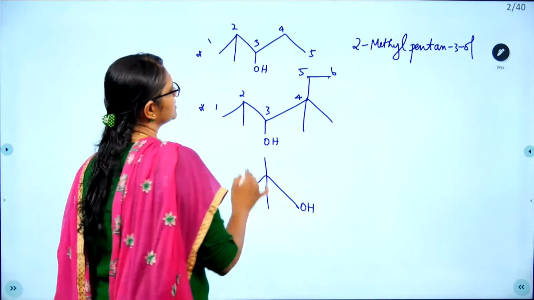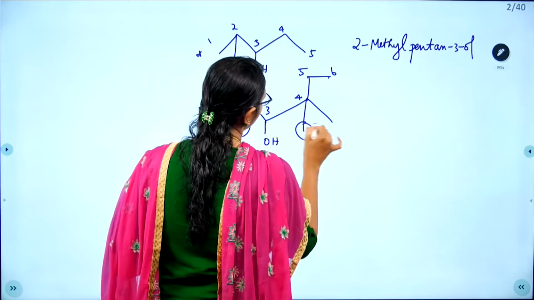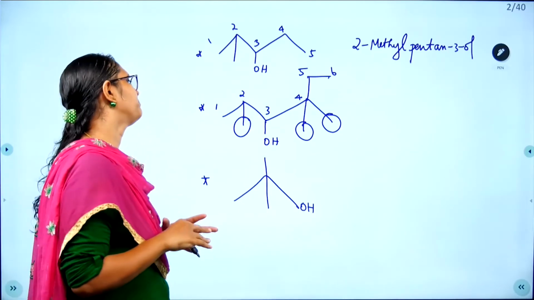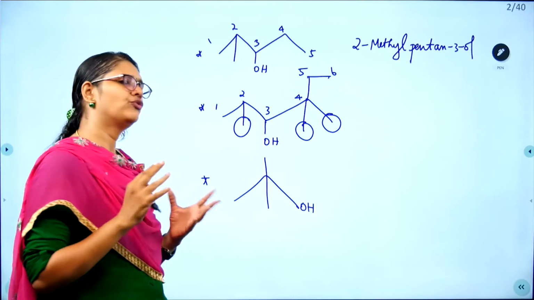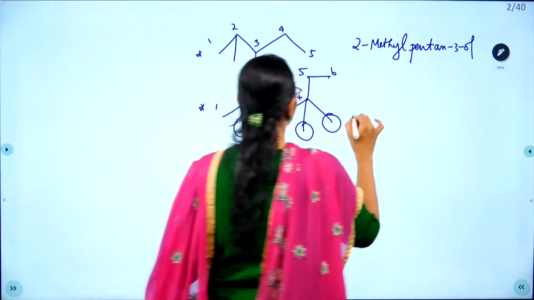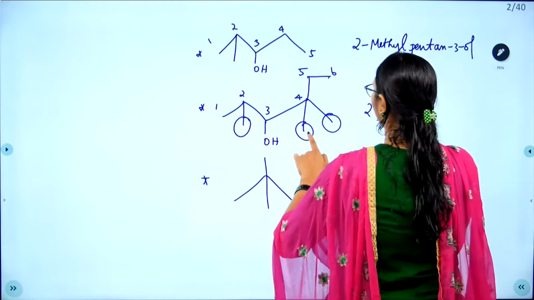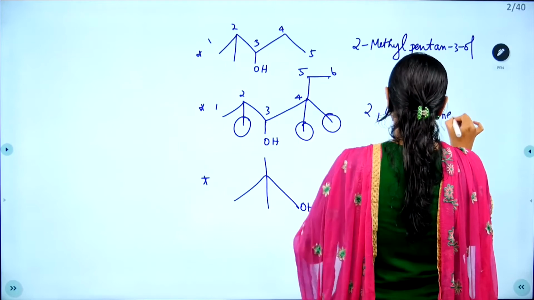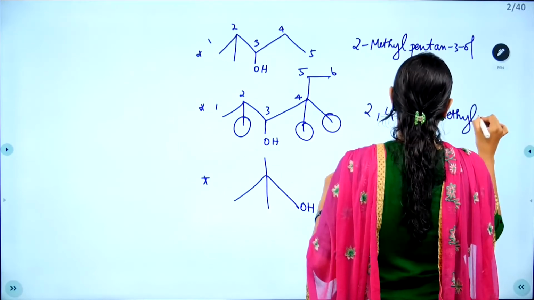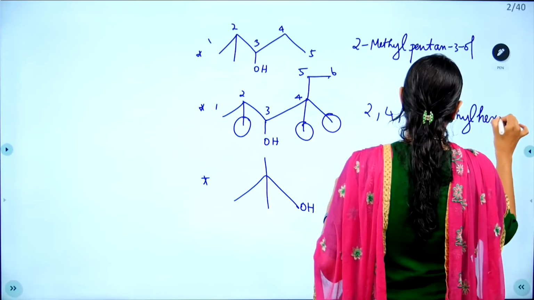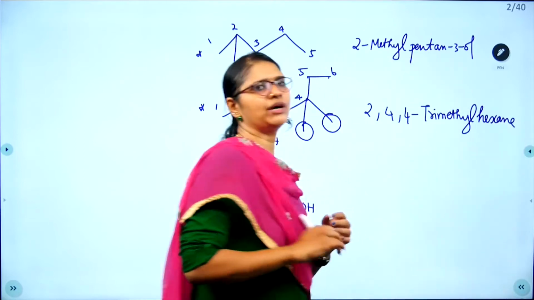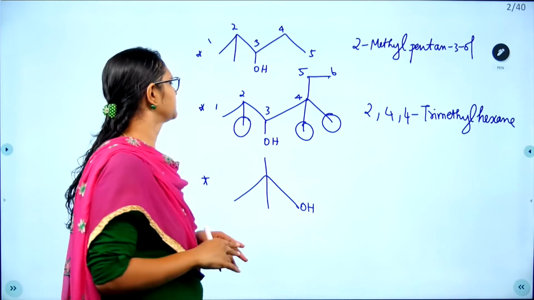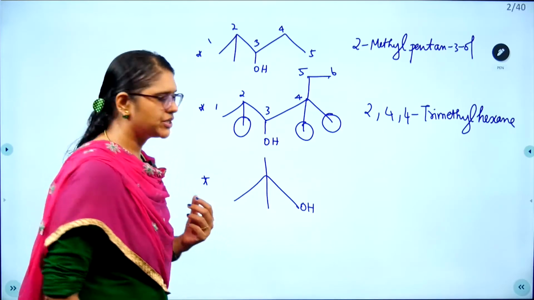You have a methyl group here and another methyl group here, so the locants are 2, 4, 4. How many methyl groups? 3, so trimethyl, and the longest carbon chain is 6, so hexane. It is 2,4,4-trimethylhexane.